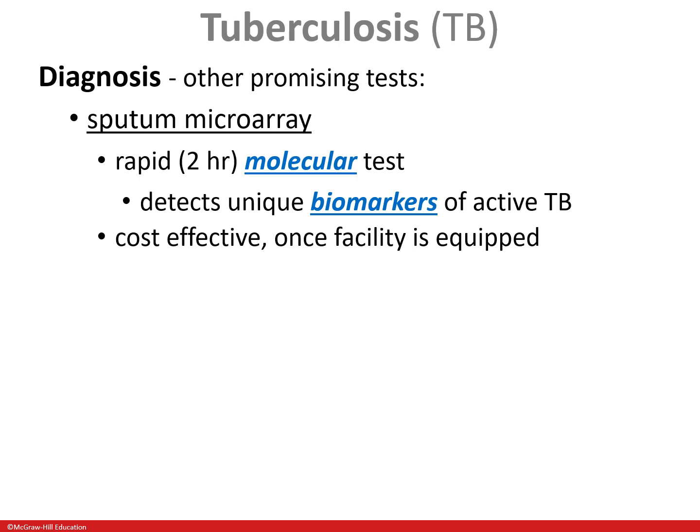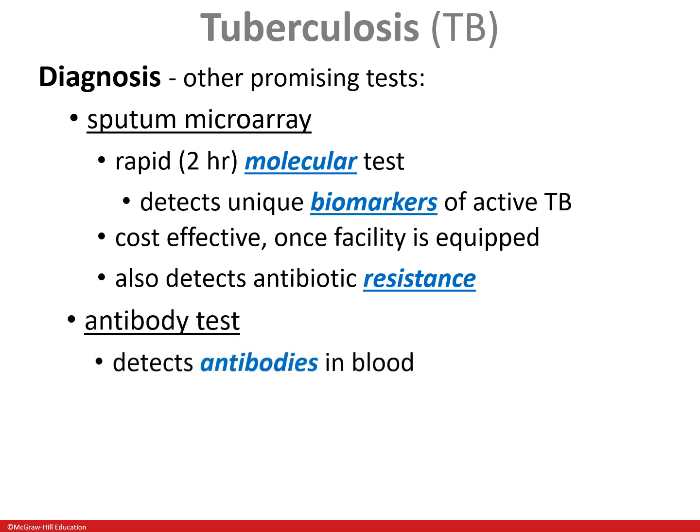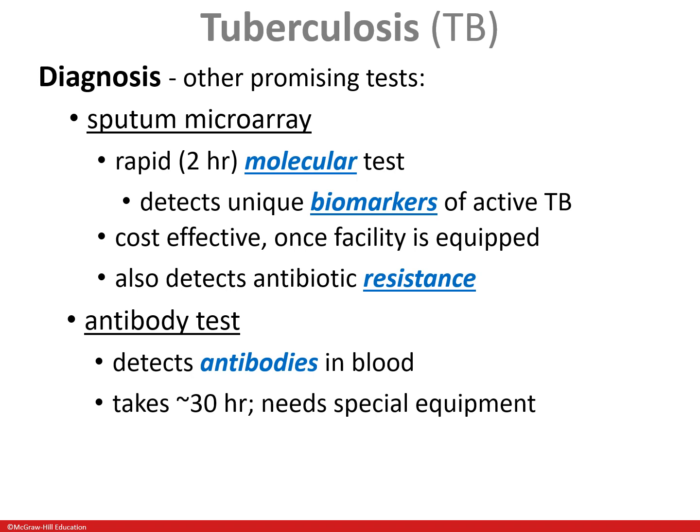If a facility gets the original equipment in place, then it becomes a very cost-effective type of test. The other advantage here is that because it's very specific, it can detect genetic sequences. It can actually detect some antibiotic resistant strains. There are antibody tests available, which basically just look for the antibodies in the blood. But again, this requires some special equipment.